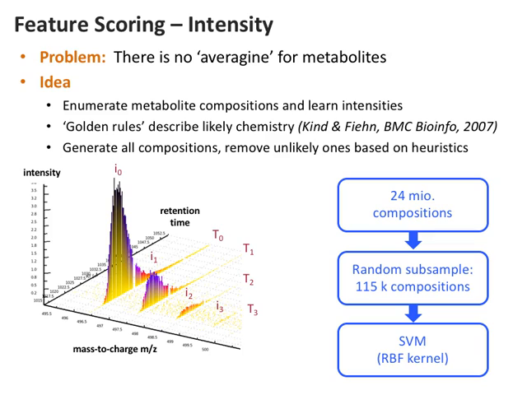And now the question is, how can we rely on intensity if metabolites can have vastly different isotopic envelopes? So what we did there is we took 24 million possible compositions. So not just metabolites from a known metabolite database, because we didn't want to exclude specific compound groups. Instead, we took 24 million compositions of possible compounds.